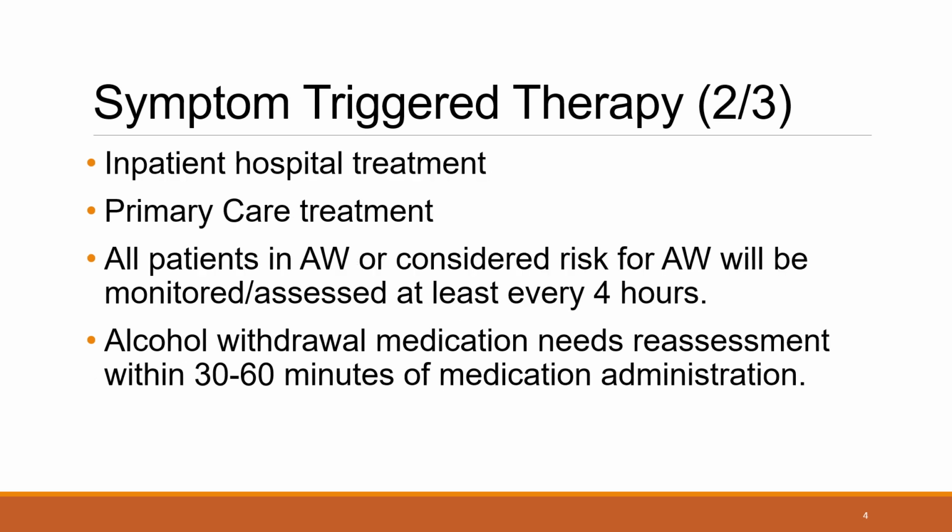Inpatient hospital treatment for alcohol withdrawal is required for those patients at risk for or who are experiencing severe withdrawal complications, such as delirium or seizures of unknown cause, and/or severe medical or psychiatric comorbidity. Primary care treatment following a visit to a clinic or the ED may be appropriate for patients with limited risk factors for withdrawal complications, adequate psychosocial support, and a safe environment to which they can be discharged.